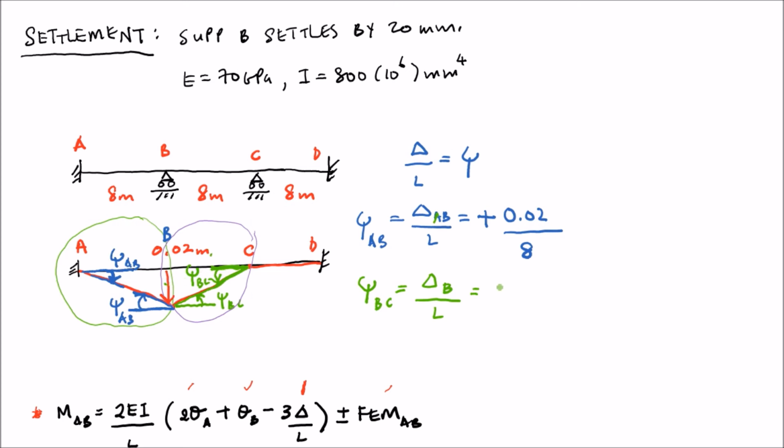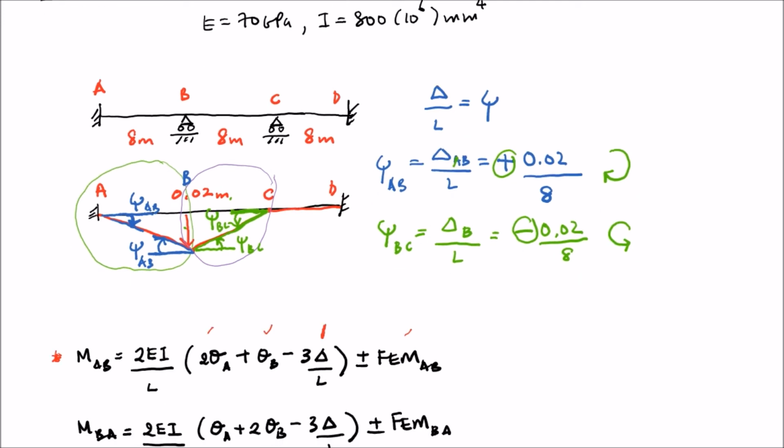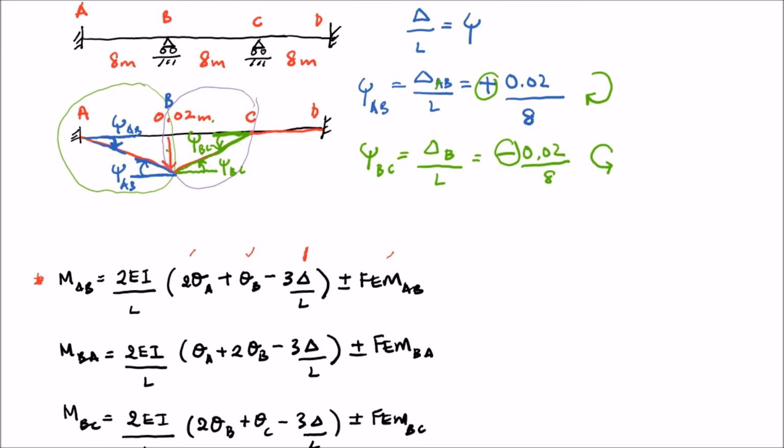But as you see, the rotation is counterclockwise, so it's negative 0.02 divided by 8. The positive and negative will depend on whether the rotation is clockwise or counterclockwise. If it's clockwise, it's positive. If it's counterclockwise, it's negative. Then with the slope deflection equation, what you basically do is just input the values here.